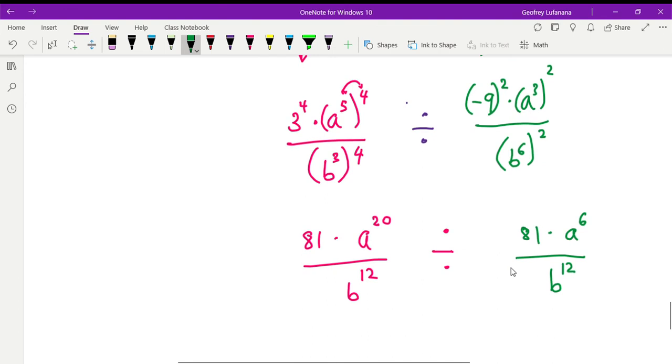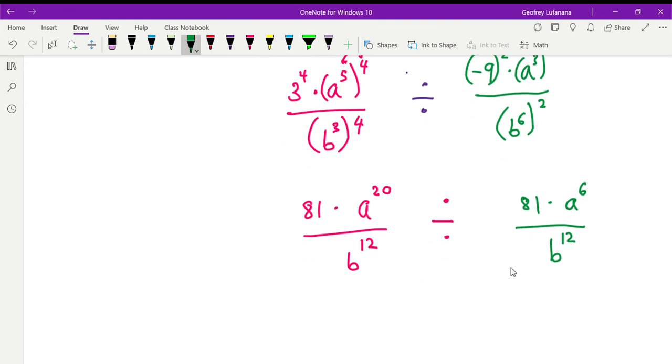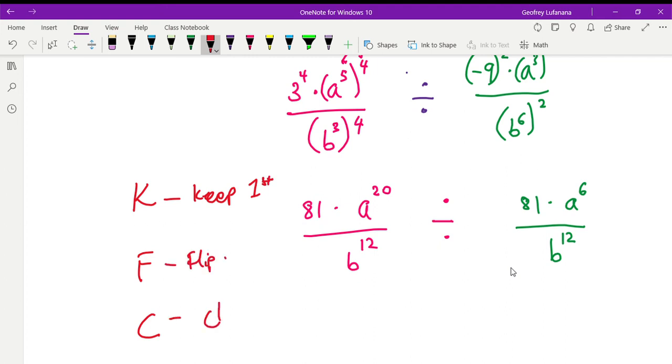Now in division, we need to remember something over here. If I'm dividing two fractions, we talked about this method before. It is KFC. K is keep the first fraction. F is flip the next fraction. And C is change the sign to multiplication.